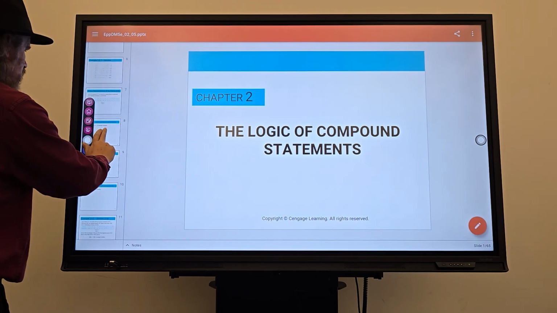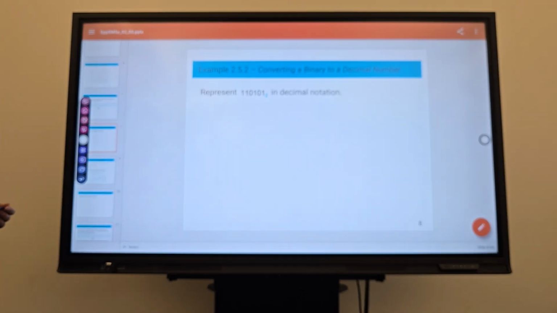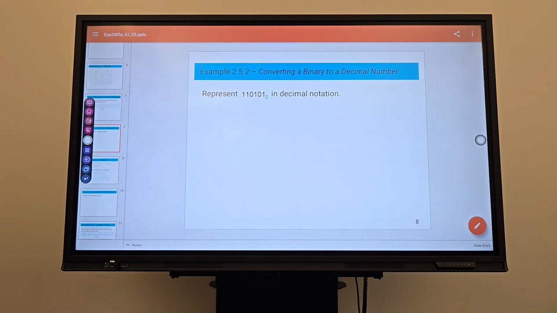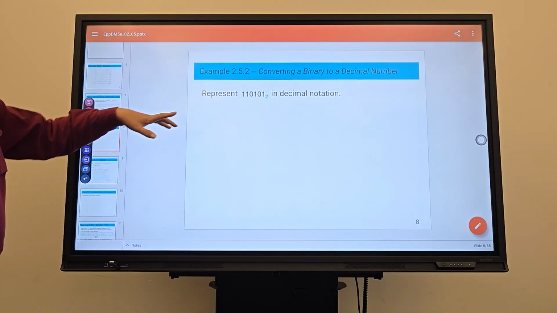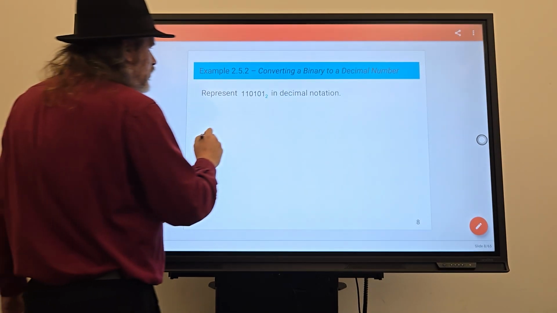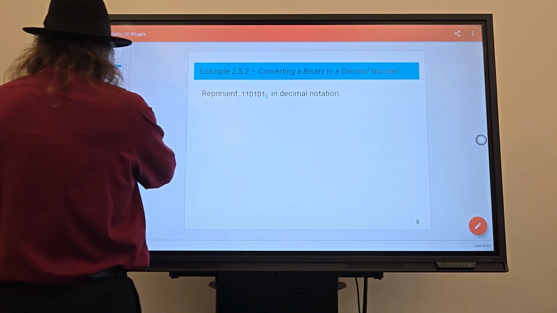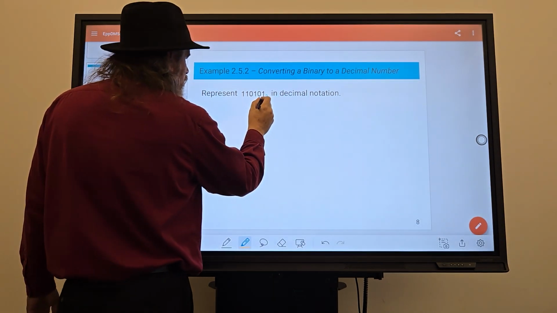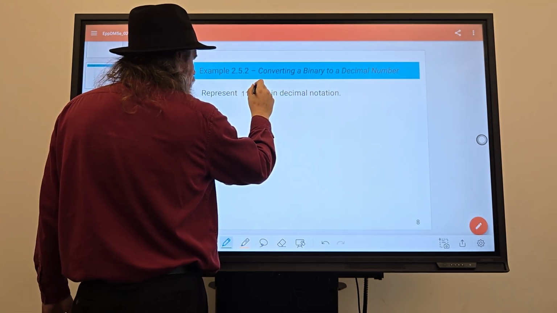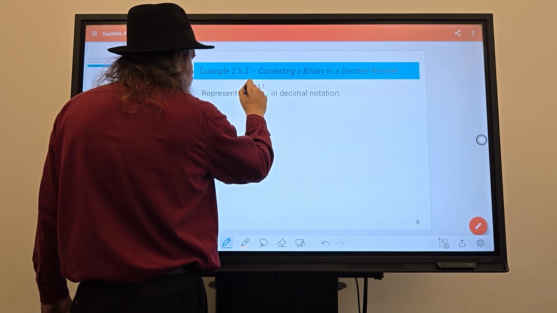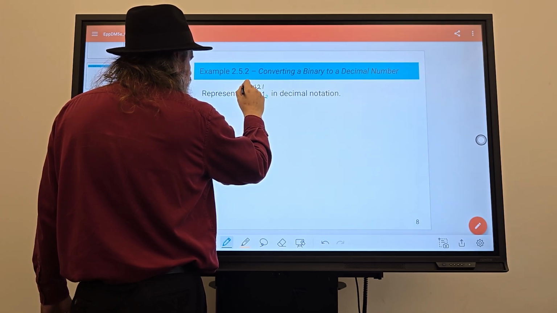Come on. Okay. So represent 110101 in decimal notation. You take the powers of 2. So you have the 1's position, 2's, 4, 8, 16s, and 32s, right?